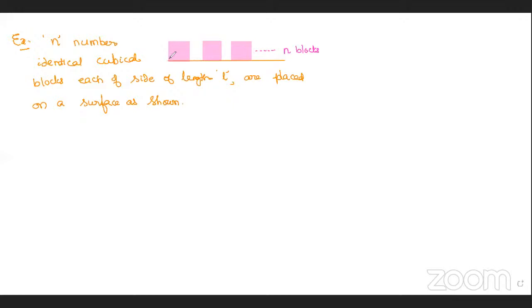Dimensions are given, keep in mind. Means each side length is L. Any side, not a cube. Why? Because here all are cubical blocks. That's why any side length is L.